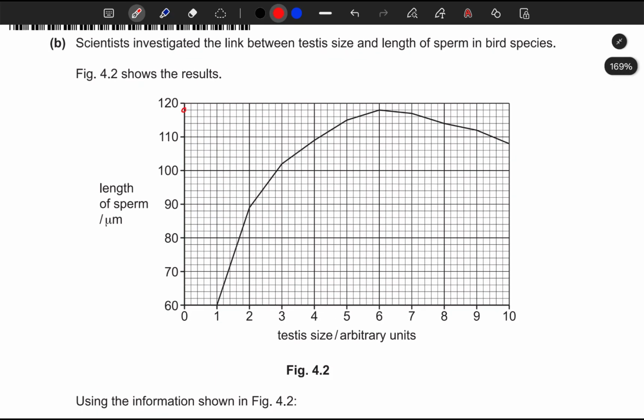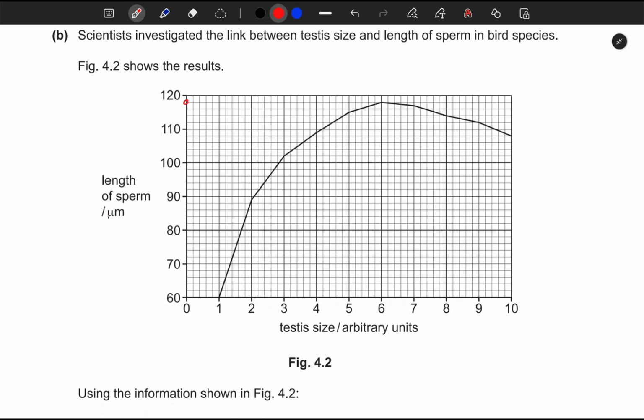Scientists, what have they done? Scientists investigated the link between testis size, meaning the size of the testicle, and the length of the sperm in bird species. They investigated the length of sperm in a bird, and the size of the testicle.